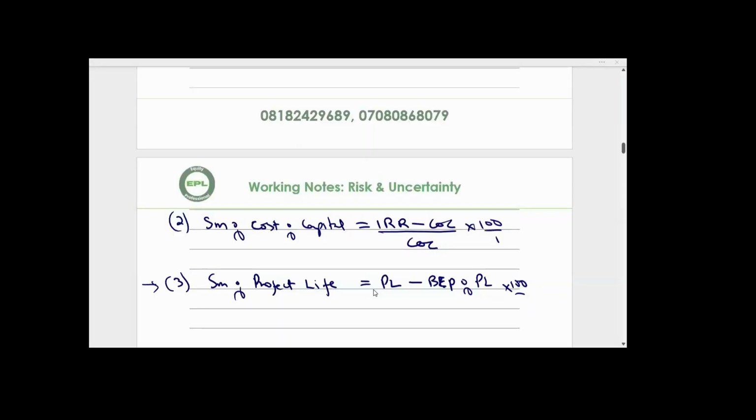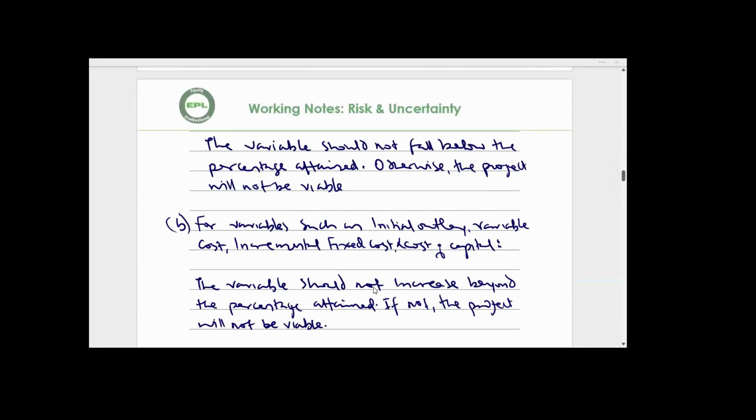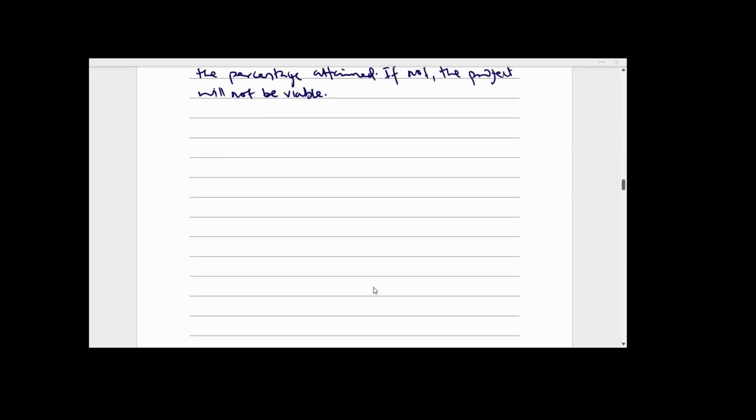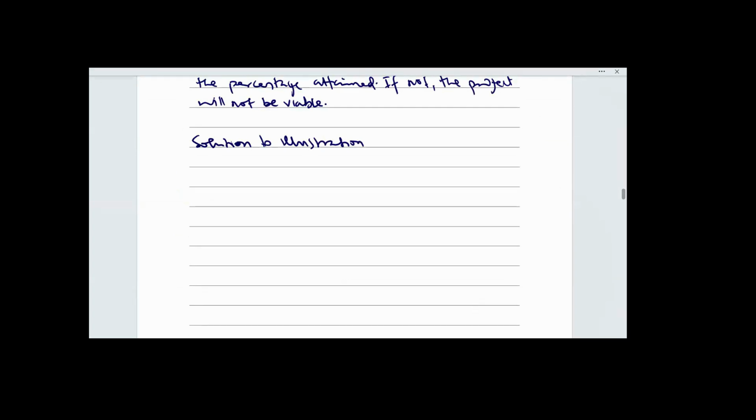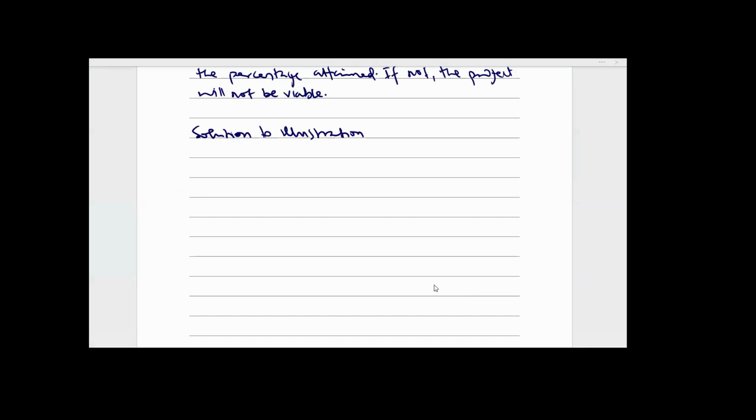Solution. Illustration number 4, page 87.